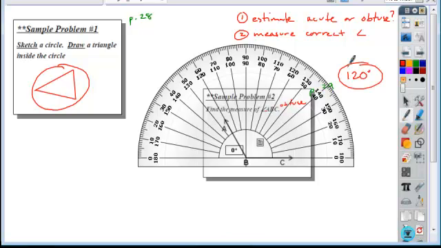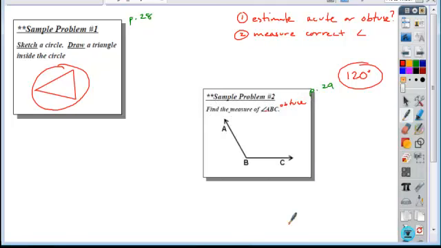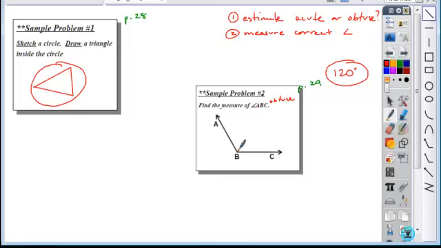Now let's say you couldn't see exactly. This one happened to fall right on one of these markings that I have. If that's the case, or if you can't see where it intersects your protractor, there's one of two things that you can do. One, you could extend your sides, and that's not a bad idea.